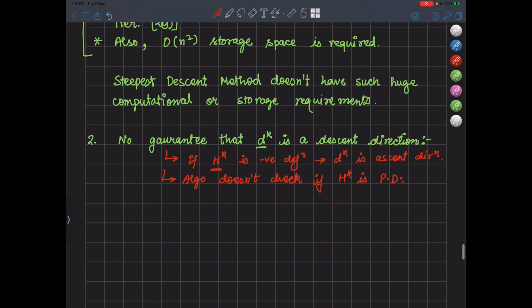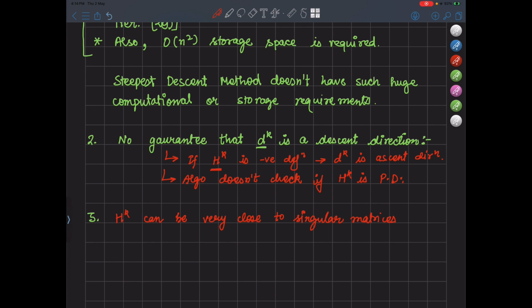One more numerical problem that we face using this algorithm is Hk can be very close to singular matrices. Singular matrix means matrices which are non-invertible.